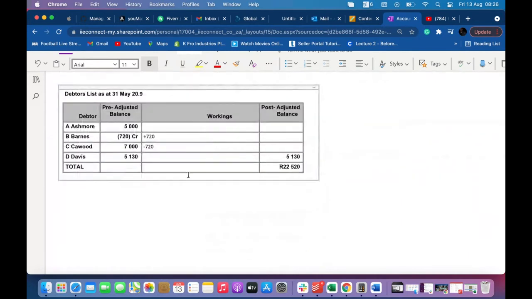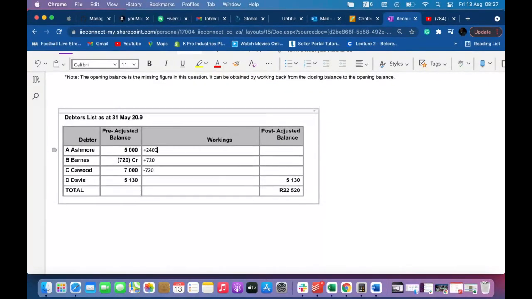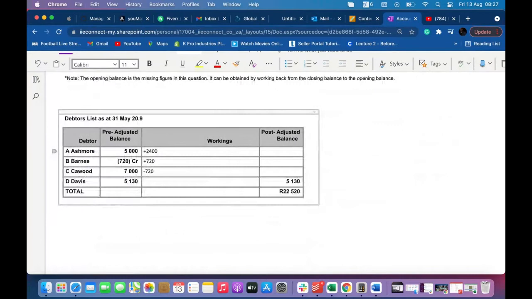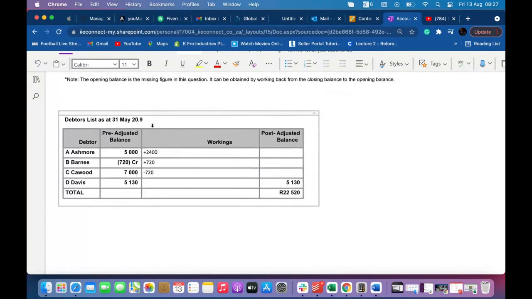Then we go to A Ashmore. Remember, we said we had received this money, but we actually haven't. So we need to also add 2,200. But remember also that this was in full settlement, so in actuality we could even just go 2,400 if we wanted to. We could do it like that. Basically we gave him a settlement discount.